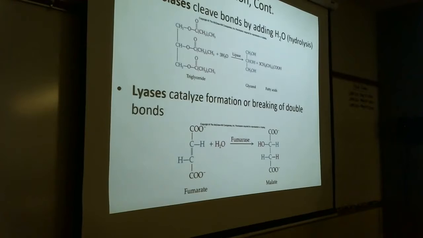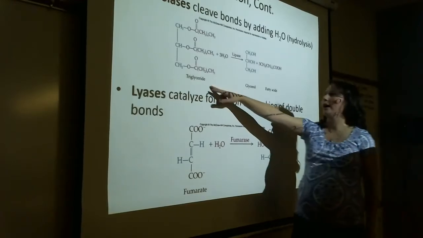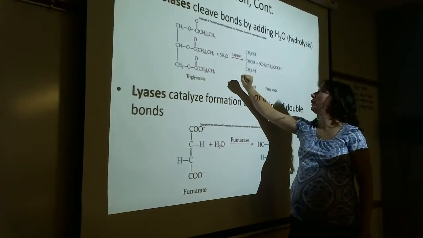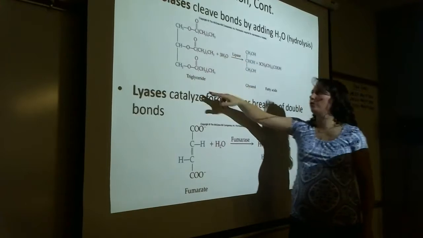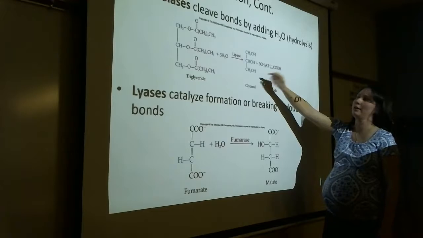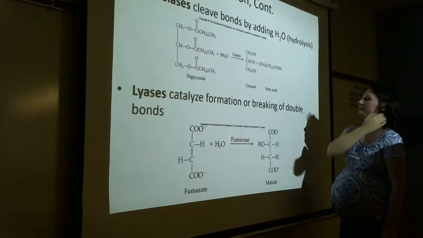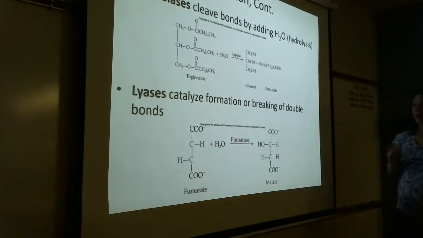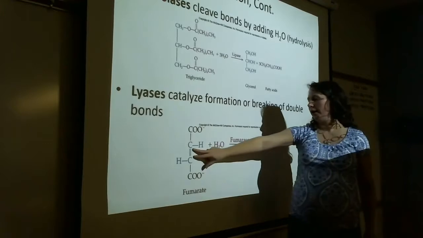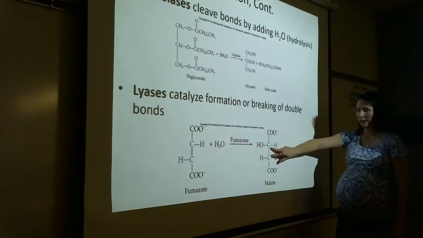Here's hydrolase, breaking bonds, right? So look, this will be a triglyceride, right? And the protein here is lipase. And so we're chopping bonds, and so we get our fatty acids and our glycerol back, right? That's hydrolase. And then lyase would be either forming or breaking double bonds. Right, so here we've got a double bond that we are breaking.